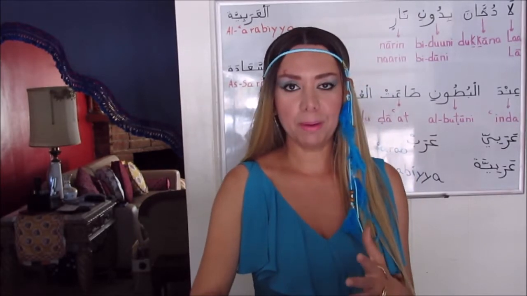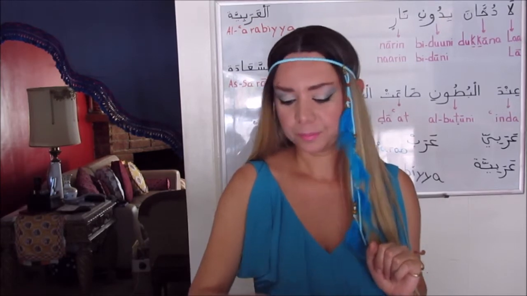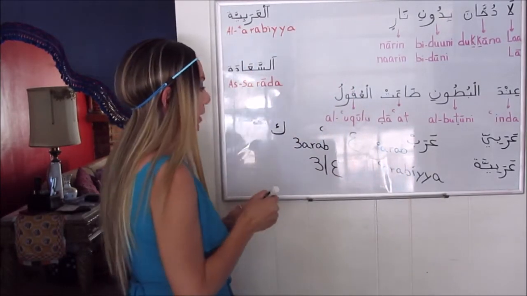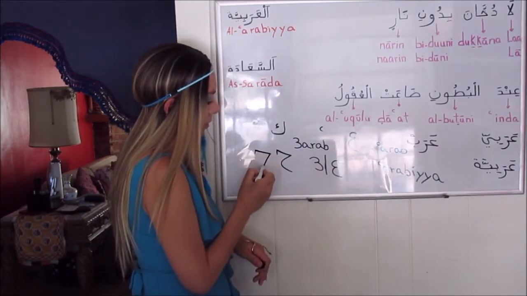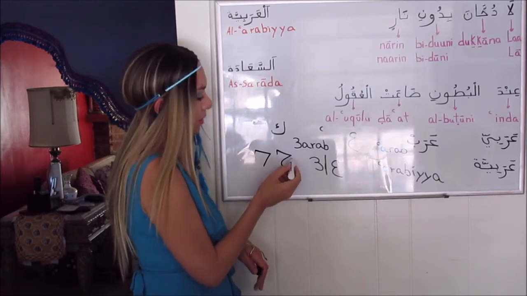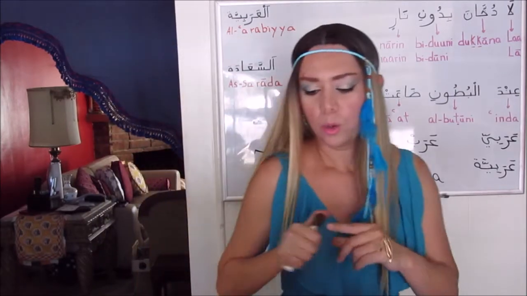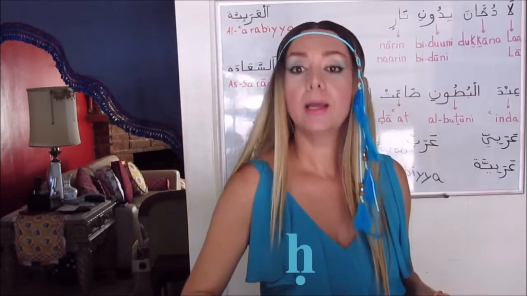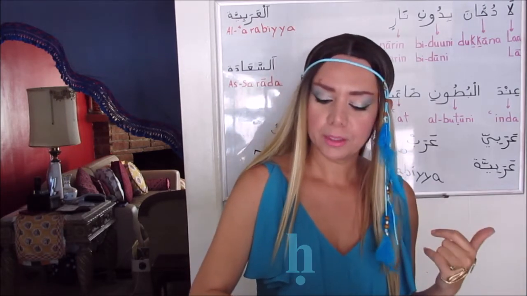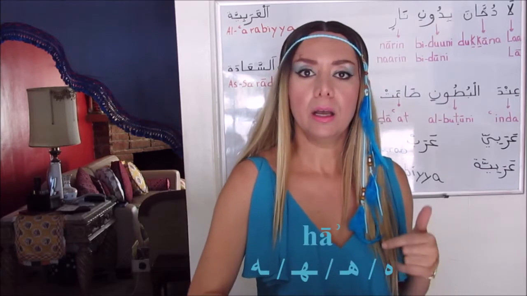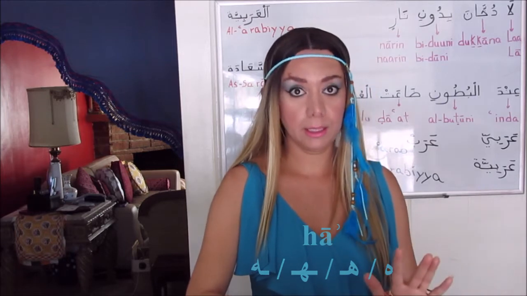Which is exemplified with the number 7. So here is ha, and here is the number 7. You have to adjust this arch. 7. Or a dotted H to differentiate it from the letter ha, with H as its counterpart in English.